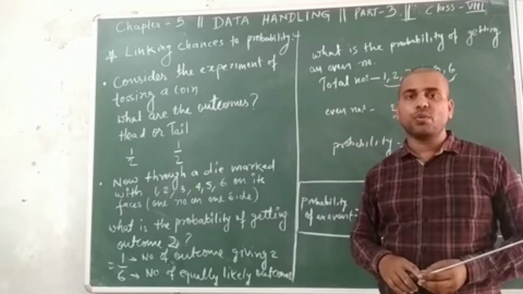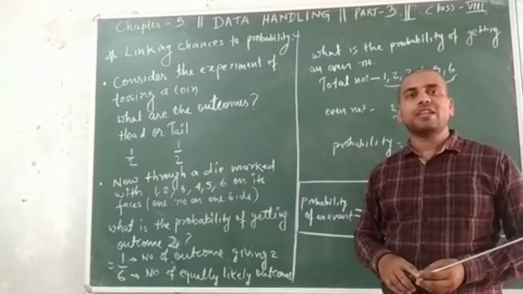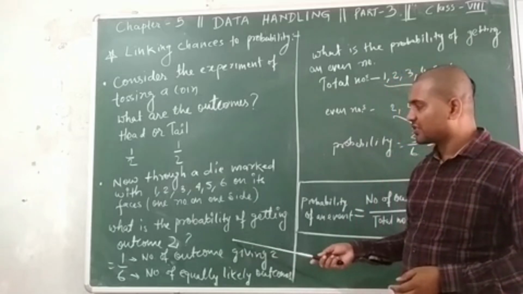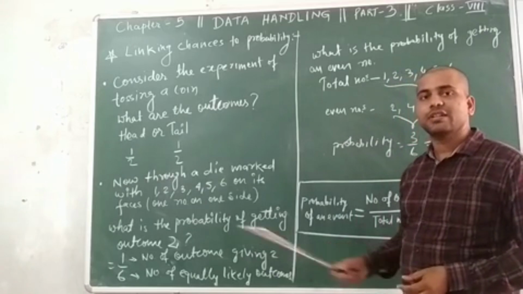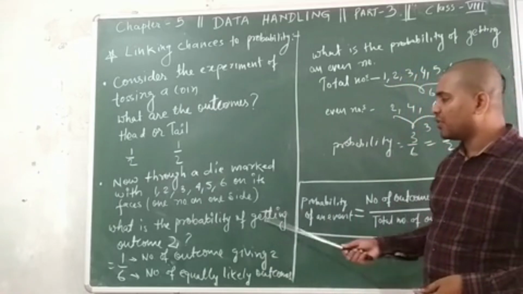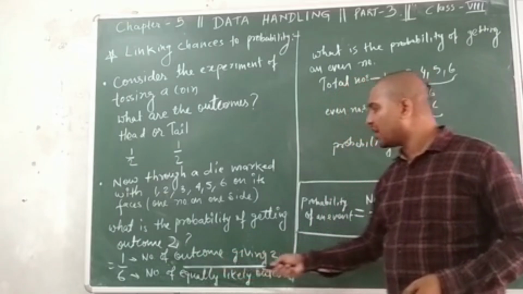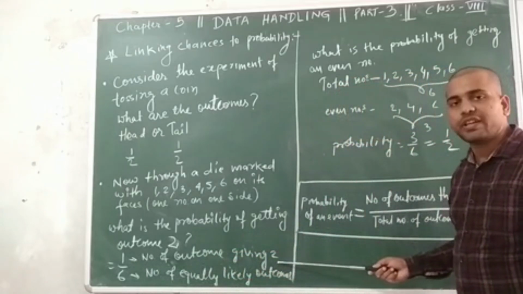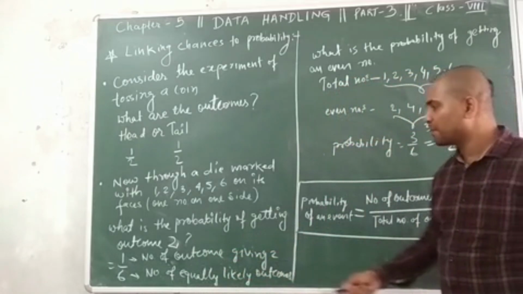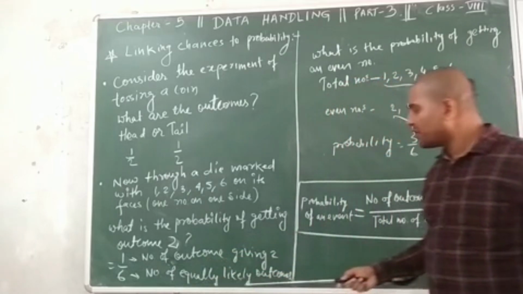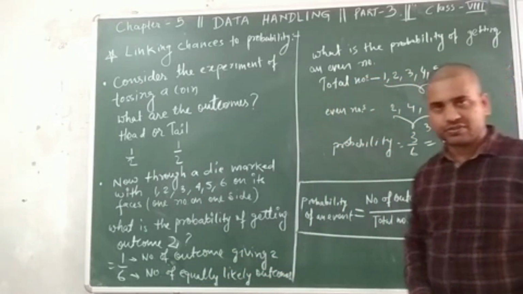That is one event. So that will be 1 upon 6, dear students. For this question, the answer will be 1 upon 6. It is written also: number of outcomes giving 2 is 1 only, and 6 is the number of equally likely outcomes.